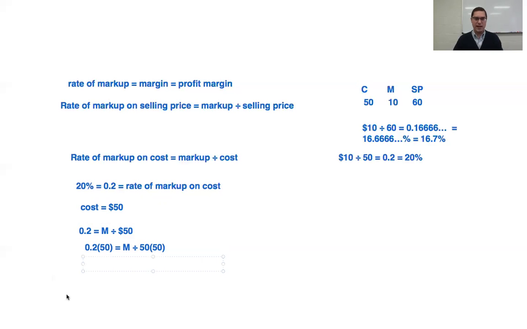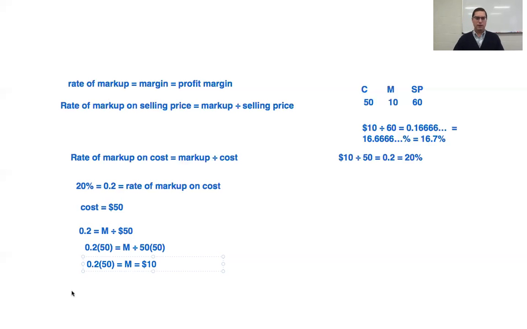So 0.2 times 50 is going to equal our markup. On our calculators, 0.2 times 50 is 10. So our markup is going to be $10.